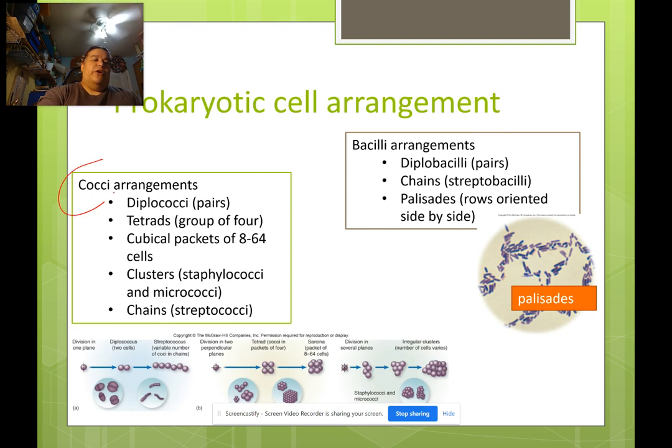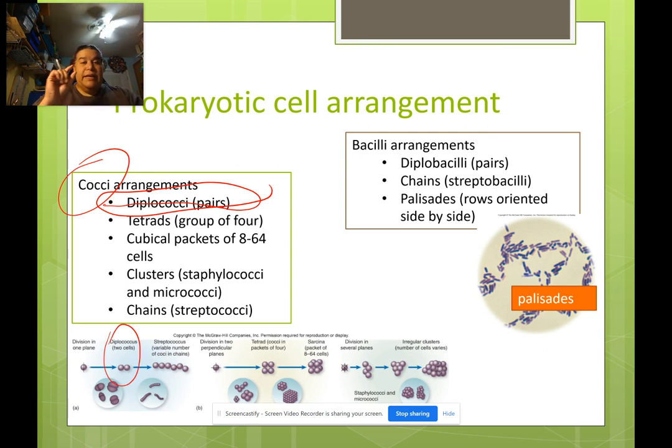So for cocci, we can have Diplococcus, okay? Di means pairs. So if you look down here, this would be Diplococcus. It's got two of them put together, two grapes glued together.